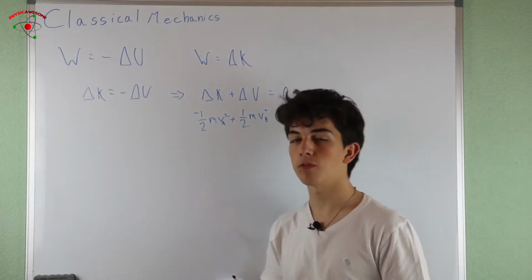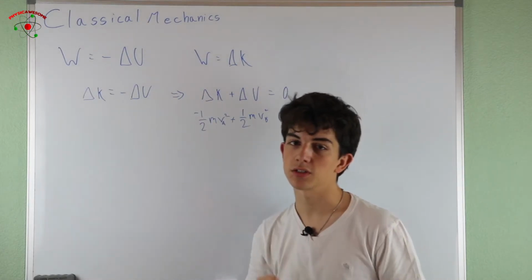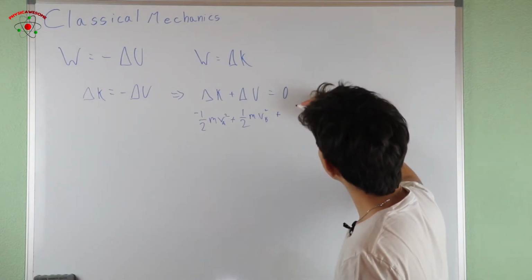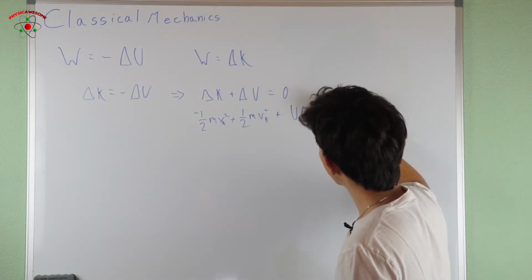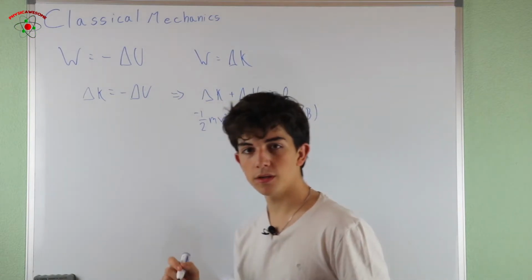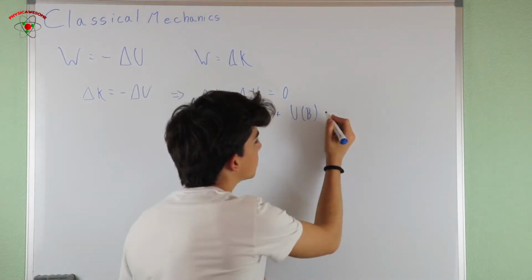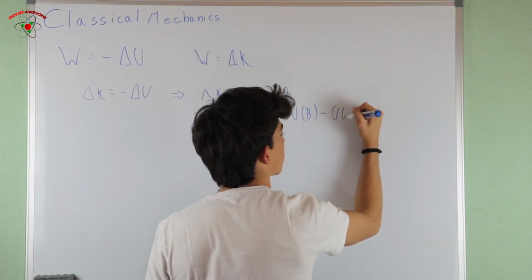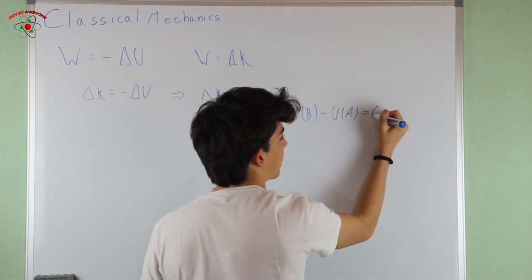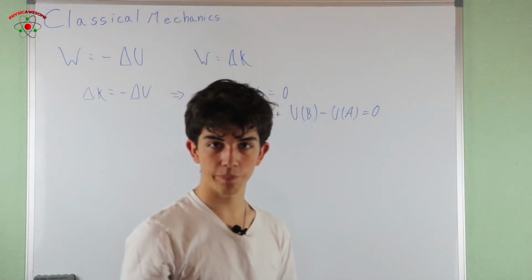Let's say we go from point A to B so that things are simpler. And we will also have a potential energy at B and a potential energy that we had at A, and this is equal to 0.